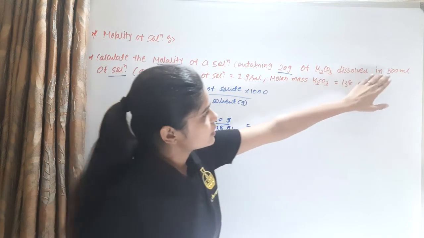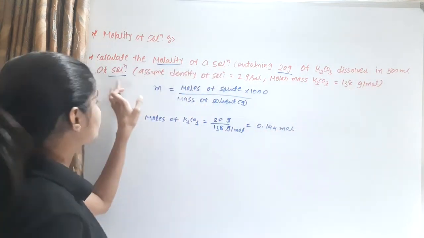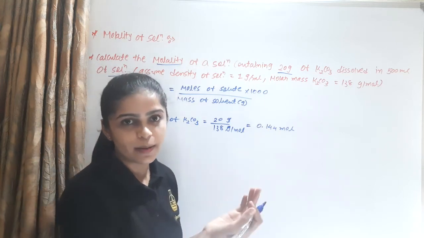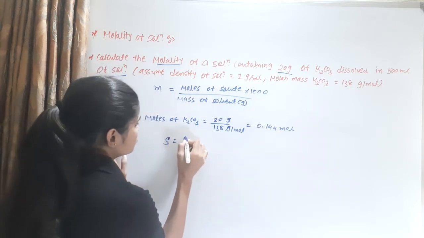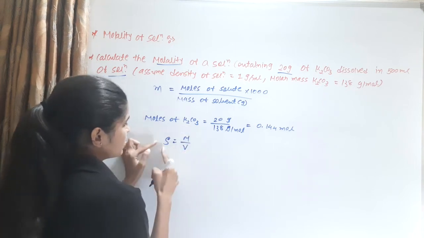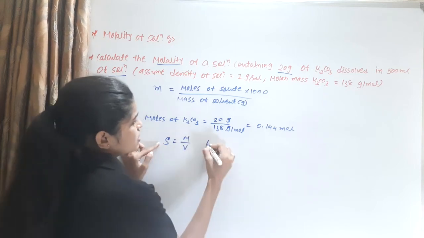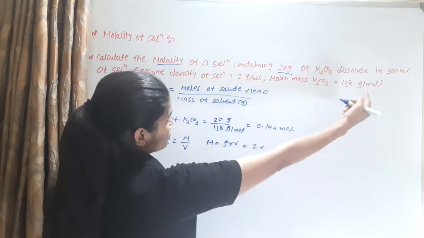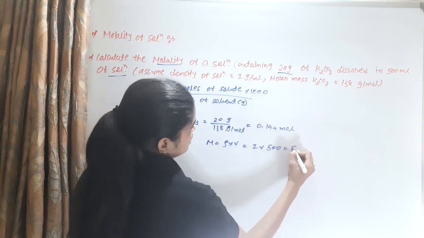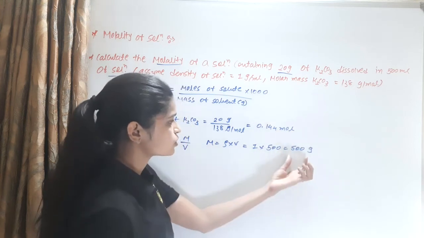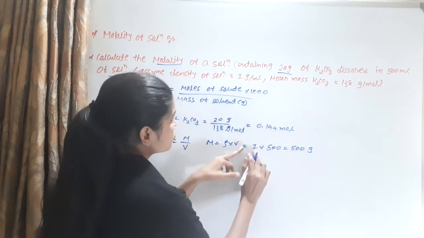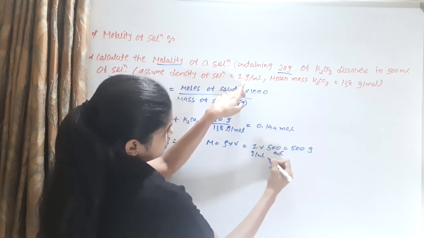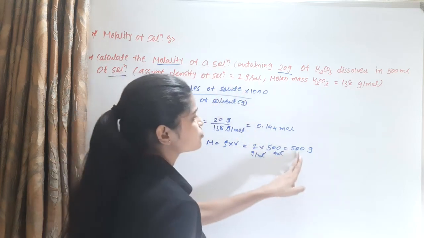But here 500 ml of solution is given, so first the solution volume is converted into gram. Rho is equal to m by v. V and rho are given, so we find the mass. Mass is equal to rho into v, which is 1 into 500. This is converted into 500 gram. Because it is 1 gram per ml and 500 ml, ml cancels out, so it is 500 gram.